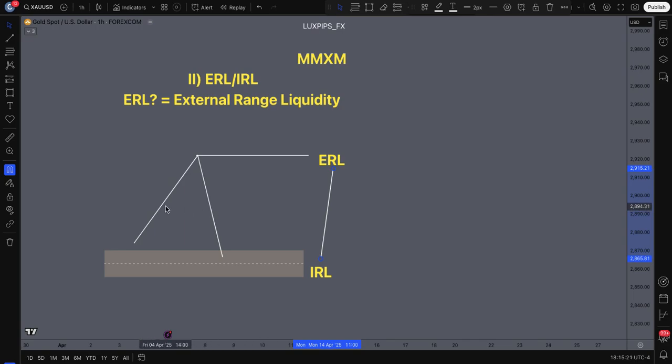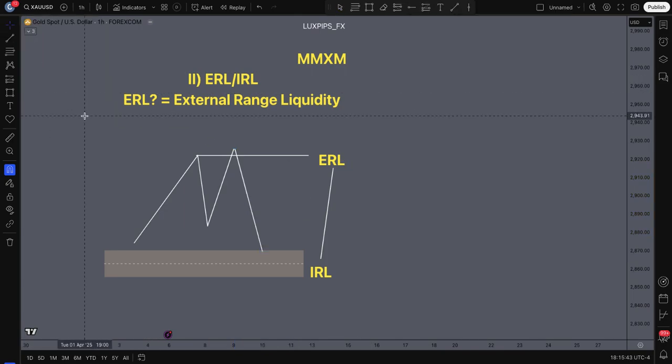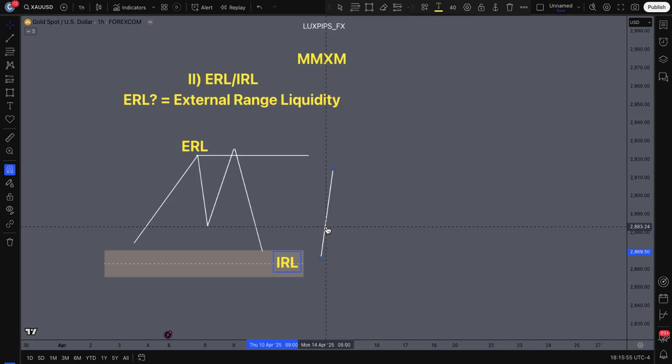This is one of the strongest ways of using ERL, IRL. Of course, there is also ERL to IRL, right? Because before hitting this FVG right here, it took out the ERL, this little high right here, manipulated it, and expanded down into what? IRL.